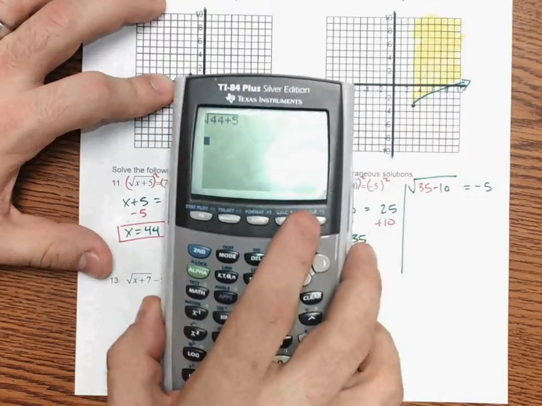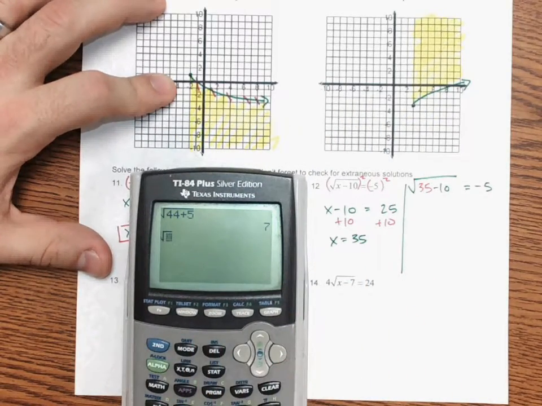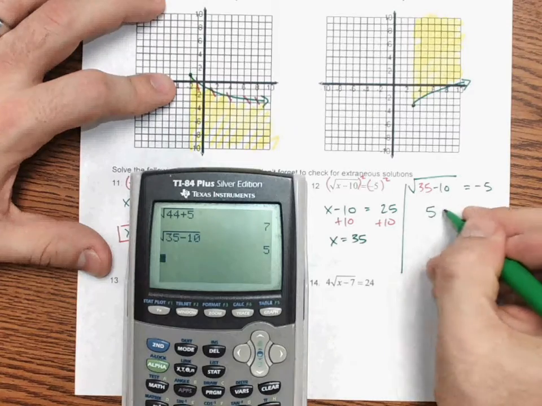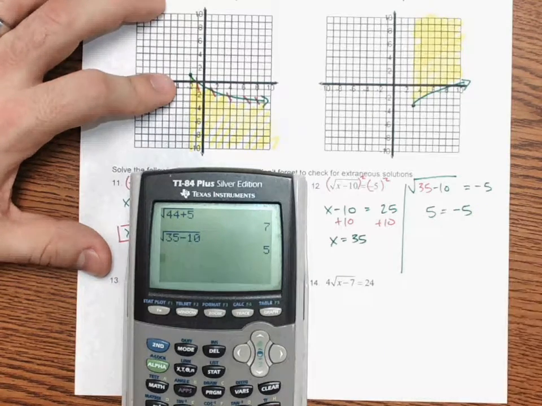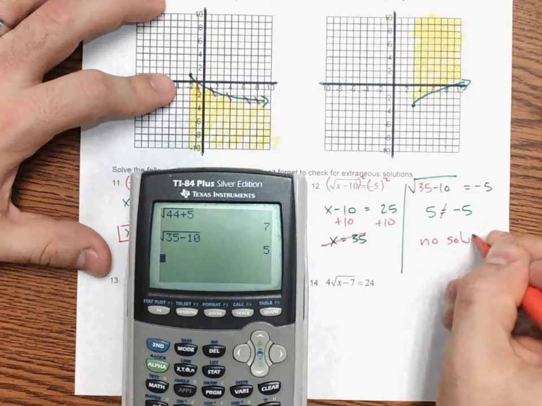You are going to plug in the equation again. Just the right-hand side, plus equals, and we get 5 equals -5, which is not a true statement. This is no solution.